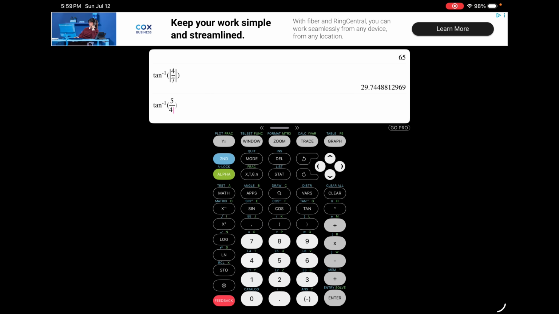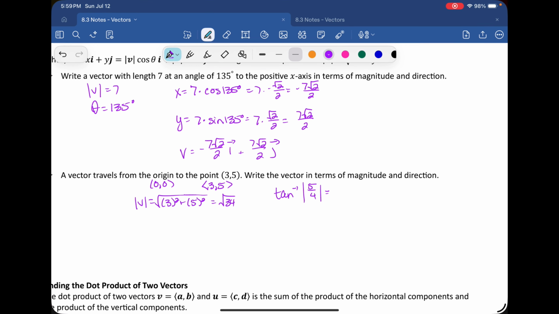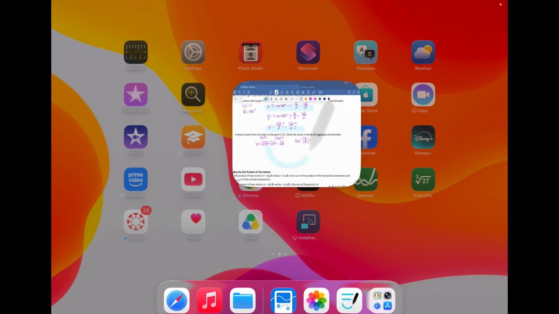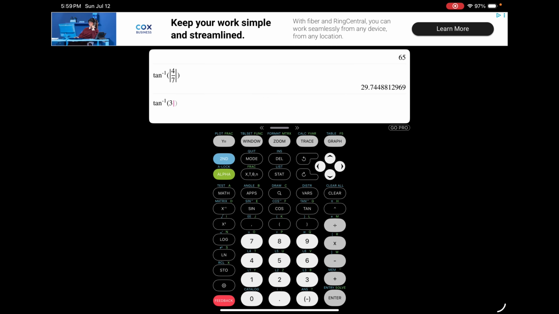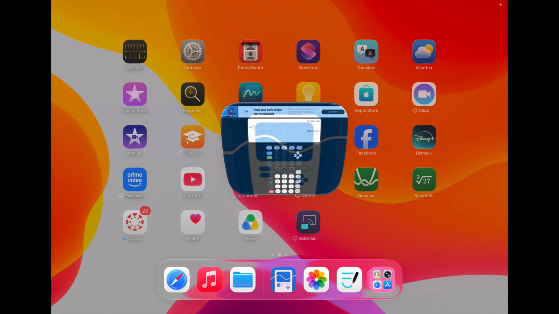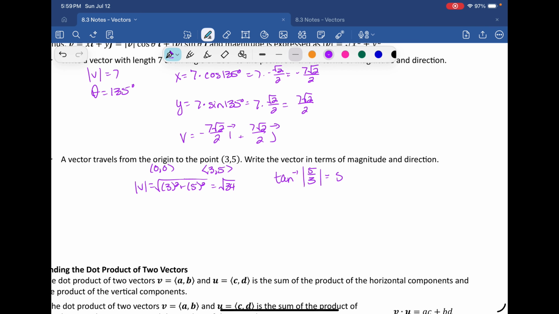Y over x. No, I forgot what it was. It's 3. Why am I writing 4? 59.036, which is right.